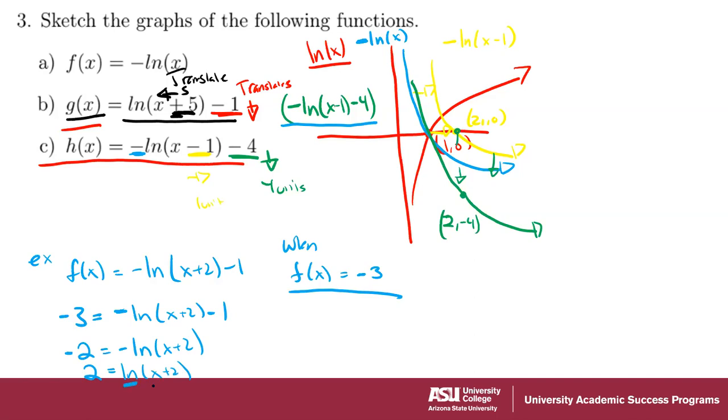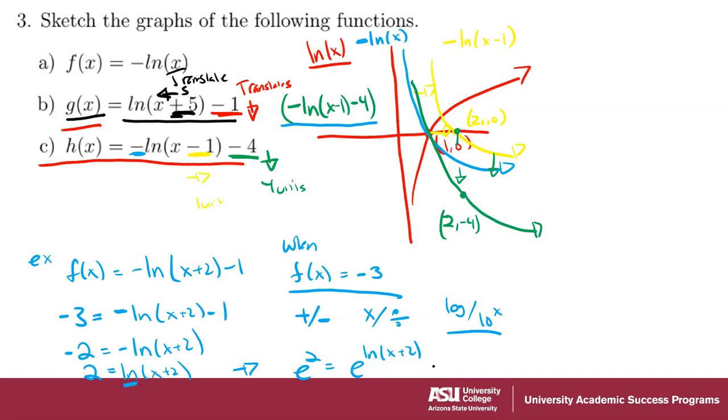And to get rid of a natural log, we need to use an exponent. The same way plus and minus are related, and multiplication and division are related, we can use logs and exponents. In this case, we have a natural log, so we might want to use a natural exponent. So if we raise both sides, we can get rid of the natural log and get the x by itself.